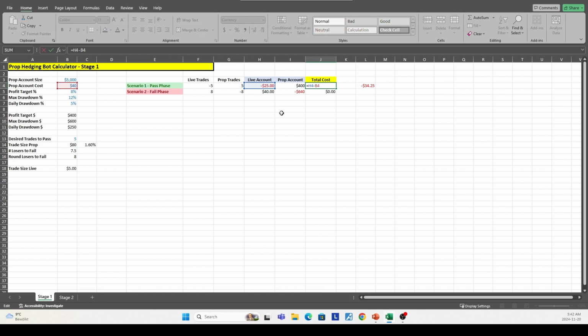And then here we can calculate that the total cost of our challenge would be $65, because we have our initial $40 cost and we have the $25 cost of hedging. So effectively, we can say that we would have a significant premium over the basic prop firm cost.